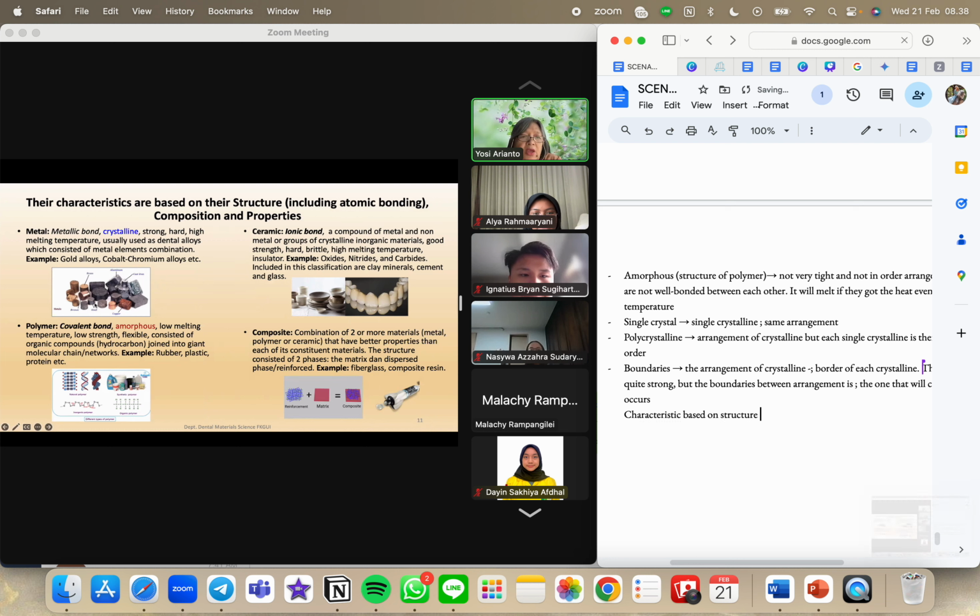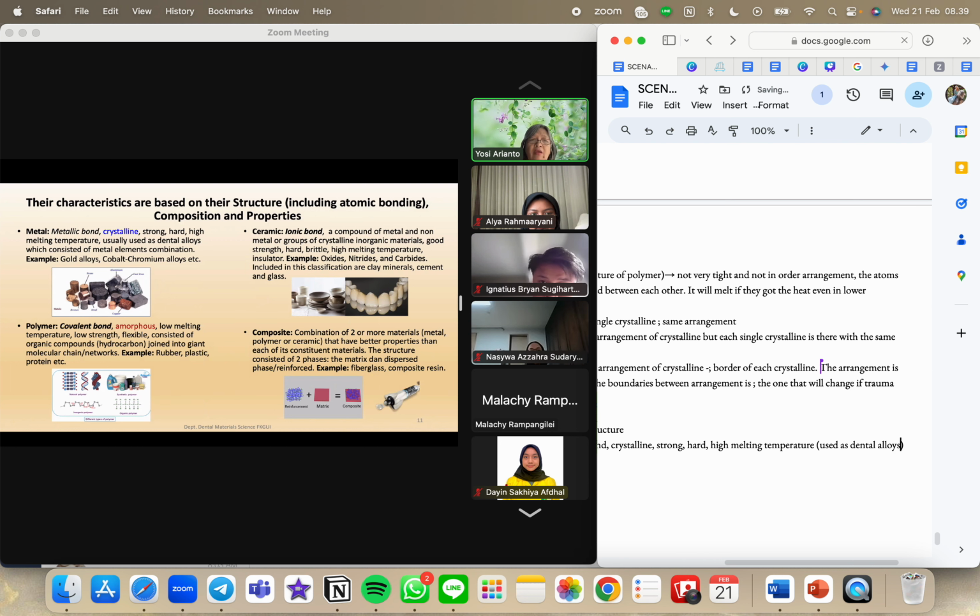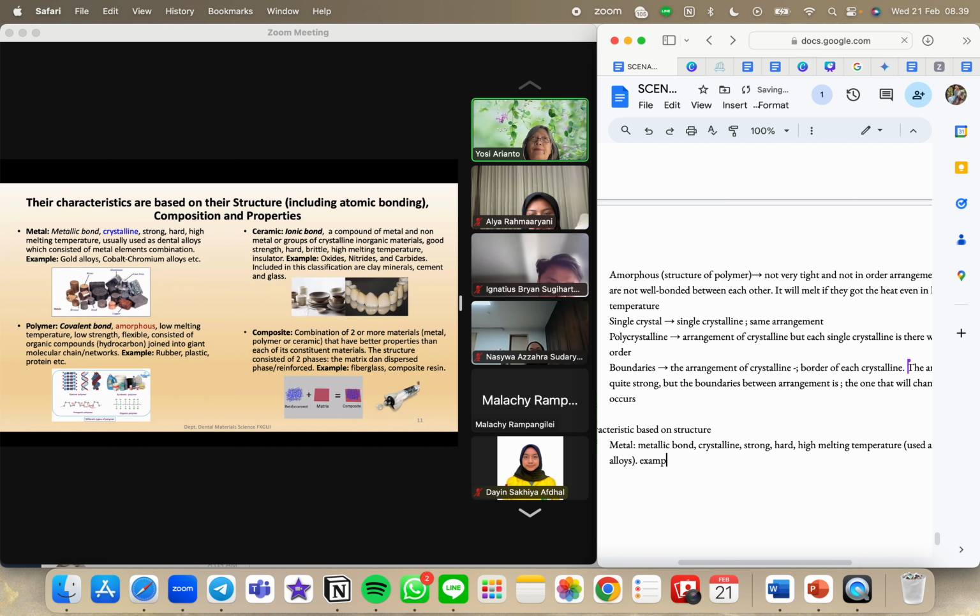That's why they are strong, and they have a high melting temperature because of the arrangement and bonding of the atoms. So they are very strong, and you need more than 500 or 600 degrees to melt a metal.